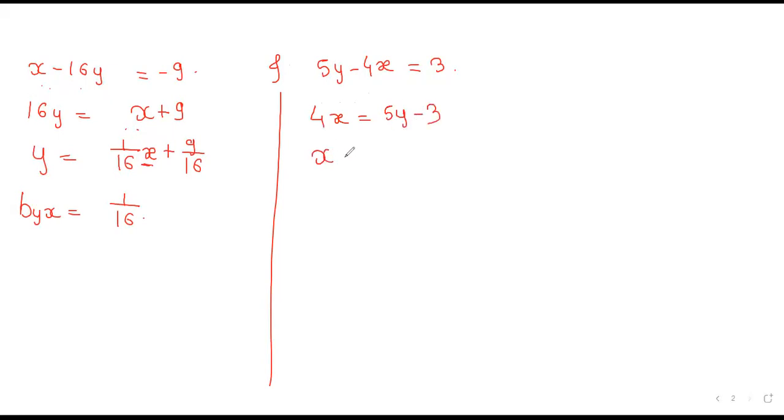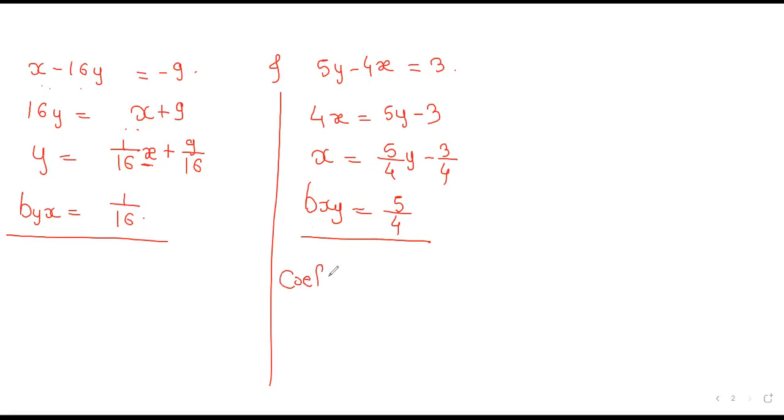Now we write this as x is equal to 5 by 4 y minus 3 by 4. So here bxy is equal to 5 by 4. Now from these two values we calculate the value of small r. Okay, this is the byx, this is the bxy.